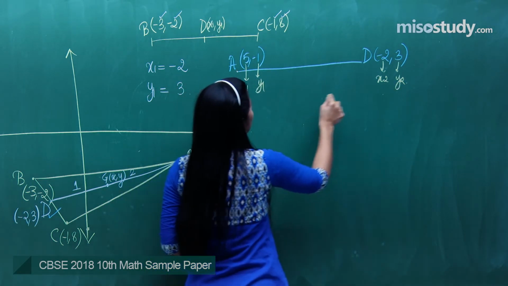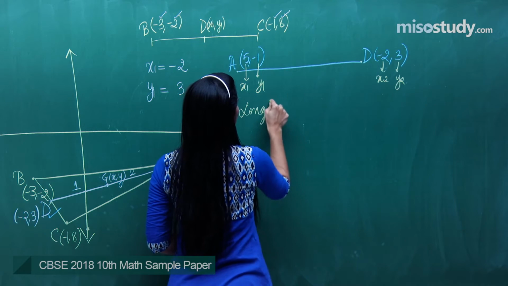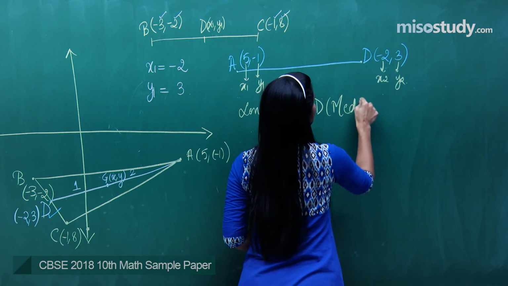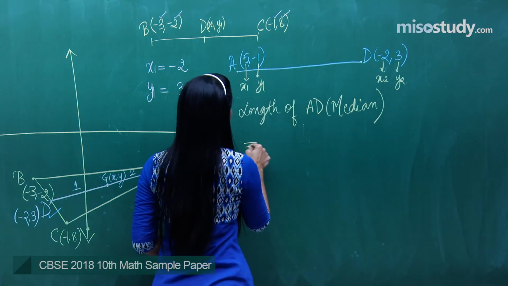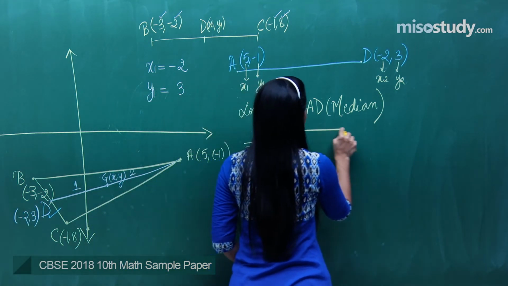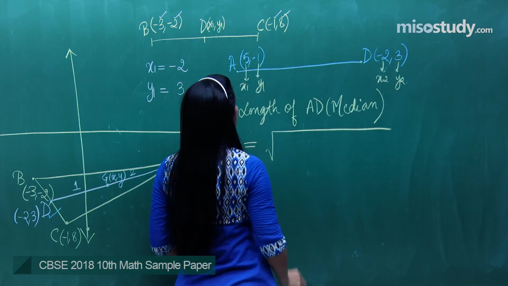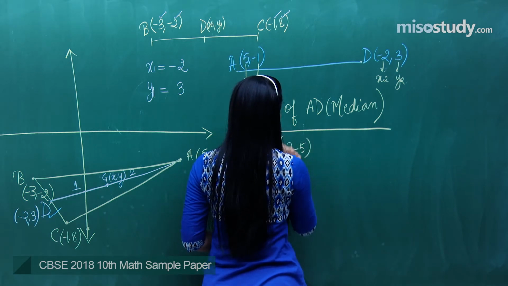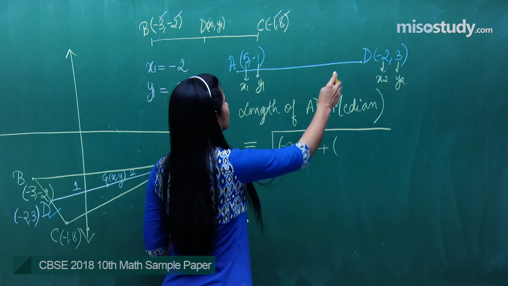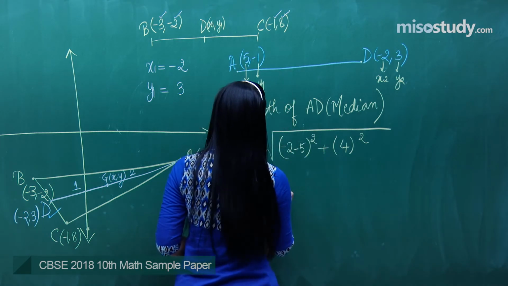So what is the length of this line segment AD, which is nothing but the median, and therefore length of median is nothing but the distance between A and D measured by the distance formula, which is under root x2 minus x1 whole square. So -2 minus 5 whole square plus y2 minus y1. So 3 minus -1 whole square, which gives you what?